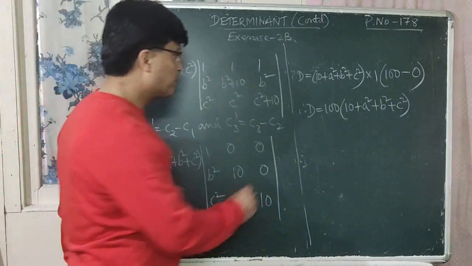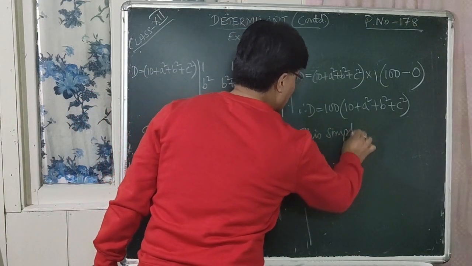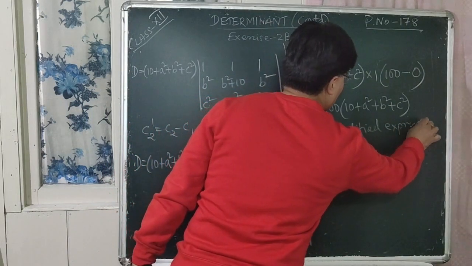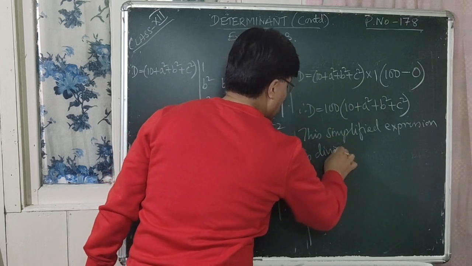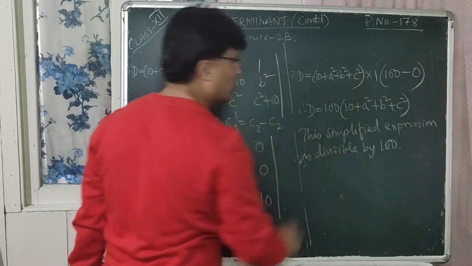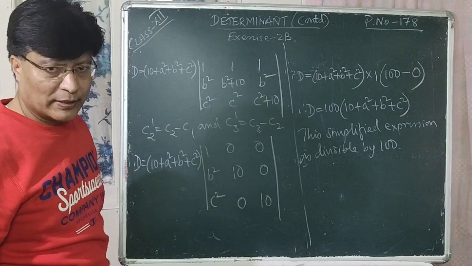So write down this one. This simplified expression is divisible by 100, because here 100 is common out there. That means naturally it is divisible by 100. Okay.